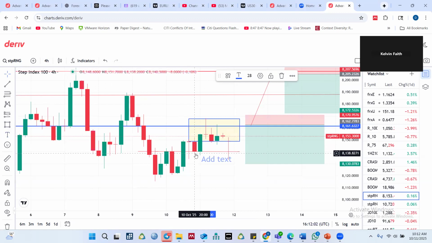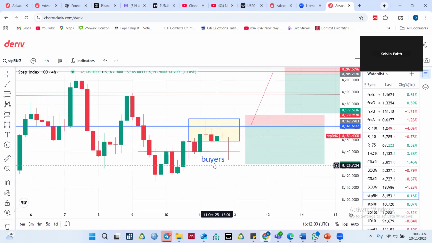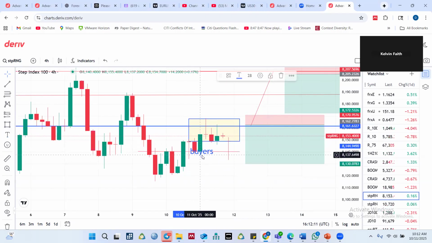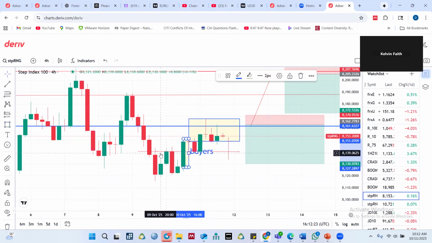The concept is that there are buyers sitting here. That's why we got this impulsive body move, this distribution from here. And prior to that, this candle here is a momentum candle that closed above this red line I just drew.